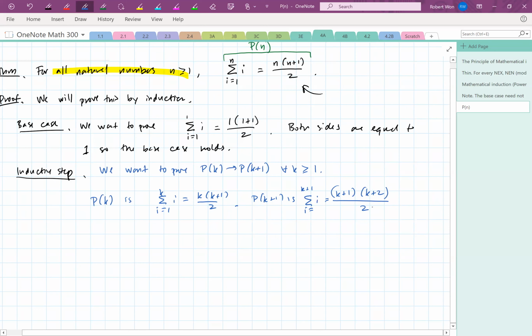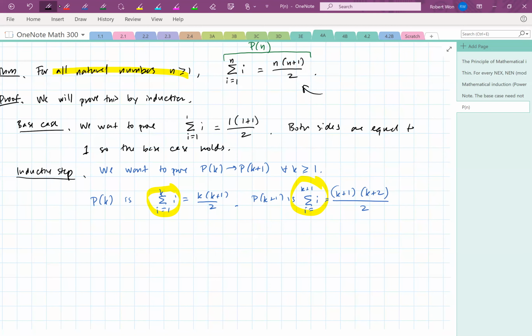And again, this statement seems ripe for induction because the difference between this and this is very small. Those are the same expression except just with an additional k plus 1.